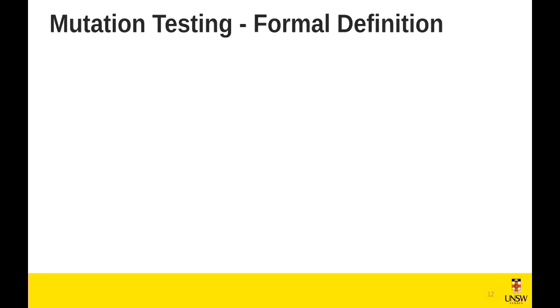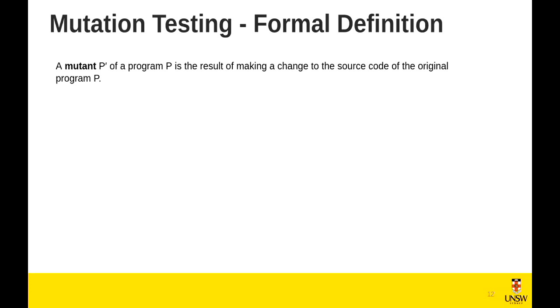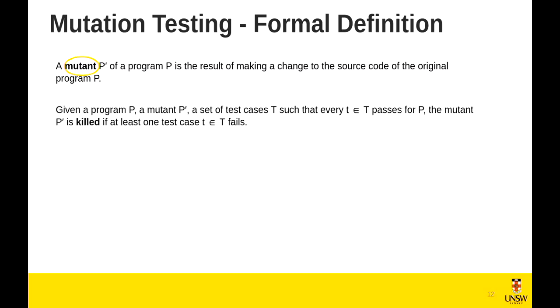That's just an informal definition, so let's come to some formal definitions of concepts in mutation testing. First, a mutant of a program is the result of making a small change to the source code of the original program. Normally the change is very small, and we only do one change per mutant.